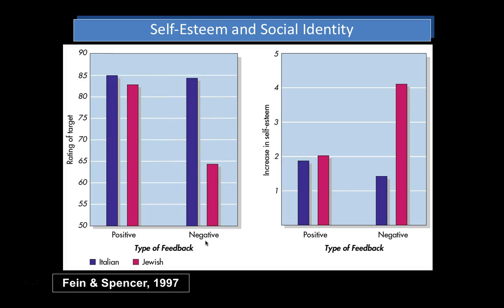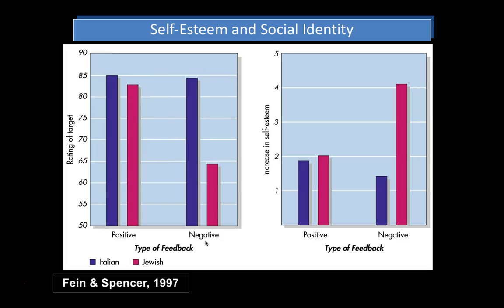After they get the positive or negative feedback about their own intellectual skills, they are given a task where they have to evaluate an application for graduate school from a female applicant, and they're asked to give their ratings of this target person.